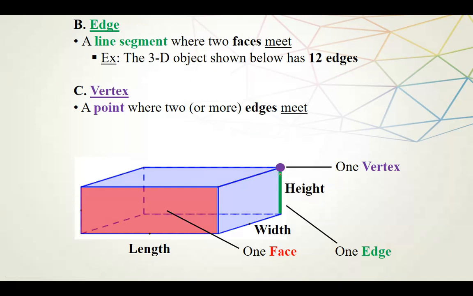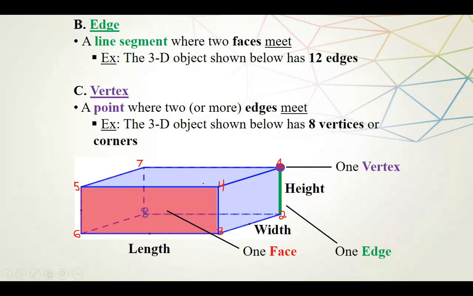How many corners do you have? You'd have 1, 2, 3, 4, 5, 6, 7, and we got one more, which is down here, which would be number 8. Therefore, this right rectangular prism has 8 vertices, or it has 8 corners.